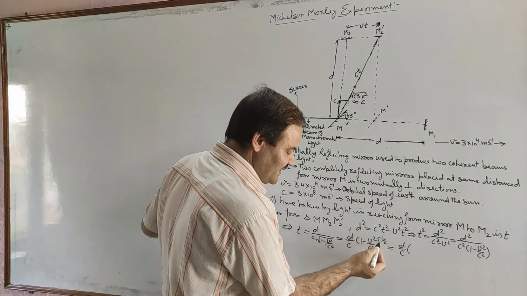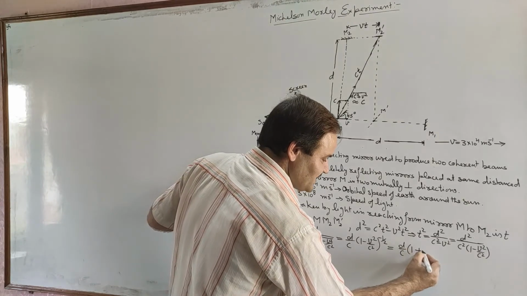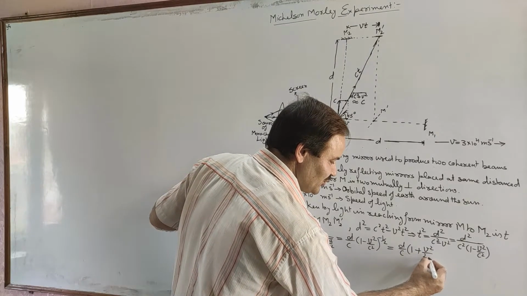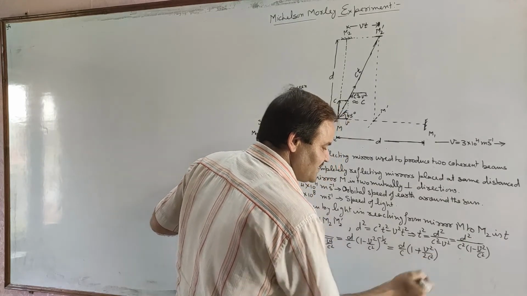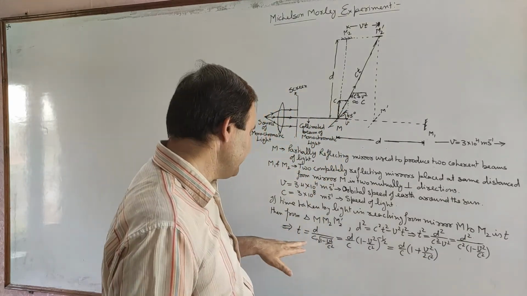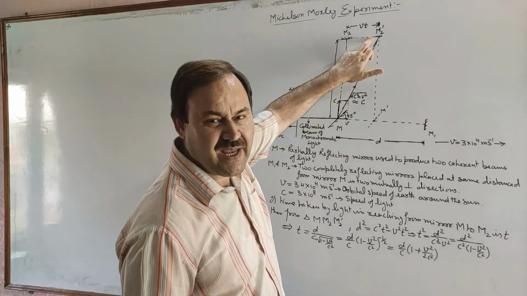So this n will get multiplied here and we will get 1 plus V square by 2C square.